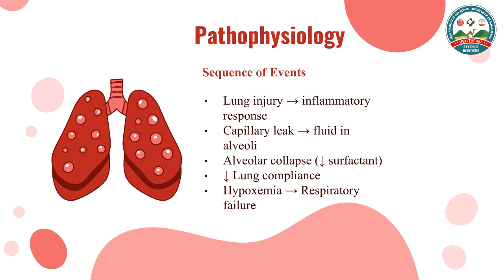When many alveoli collapse, the lungs become stiff, so lung compliance drops. As a result, the patient develops severe hypoxemia, and if not treated promptly, this progresses to respiratory failure. So the entire process is a chain reaction: inflammation, fluid in alveoli, collapse, stiff lungs, hypoxemia.